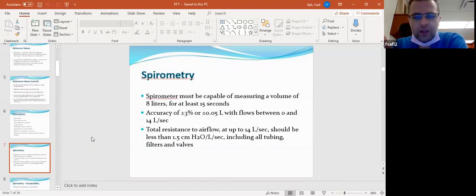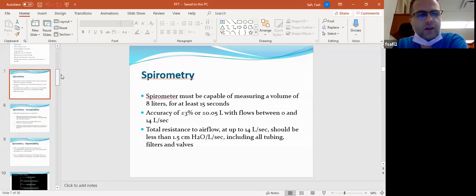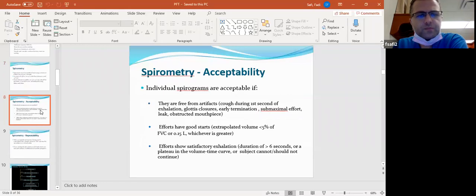So that's how the spirometer is set. Accuracy usually is plus minus 3%, and the airflow is 14 liters per second. So remember just those values. You can measure 8 liters in spirometer with a flow of 4 liters per second.